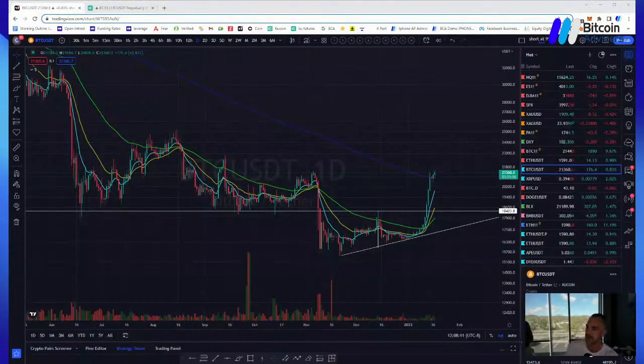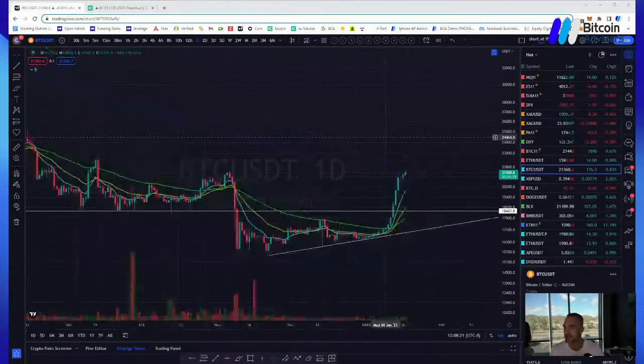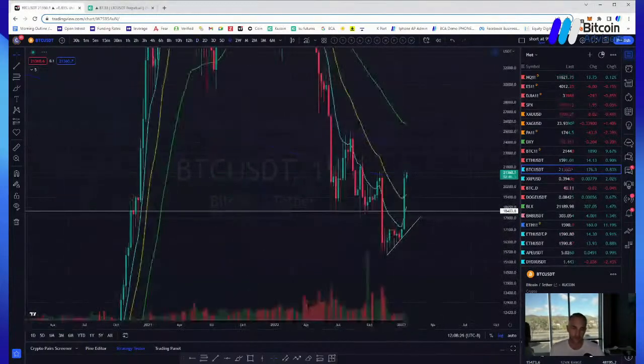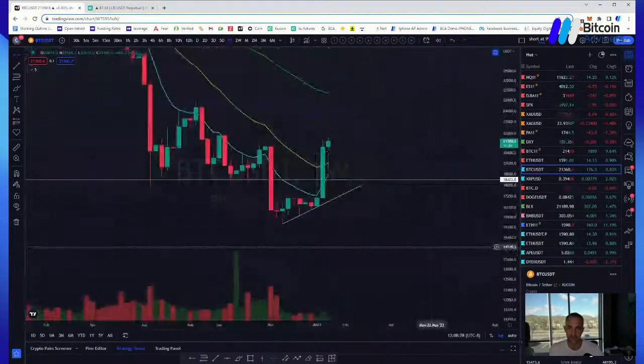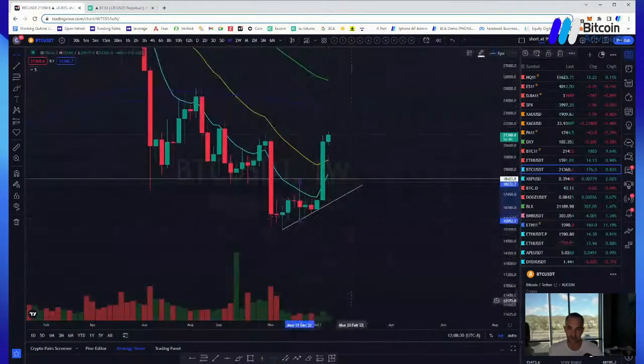I'll start to talk about the 4 indicators I use to identify a macro low is in. And the first one is going to be a higher low on the weekly time frame. And we did get the first higher low, which we identified over the past couple of weeks.